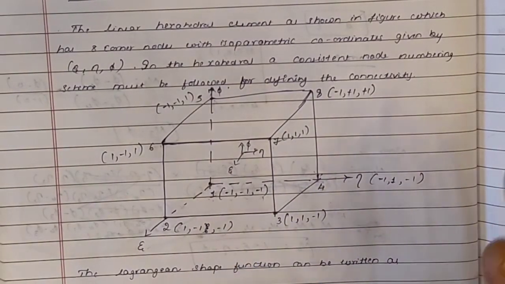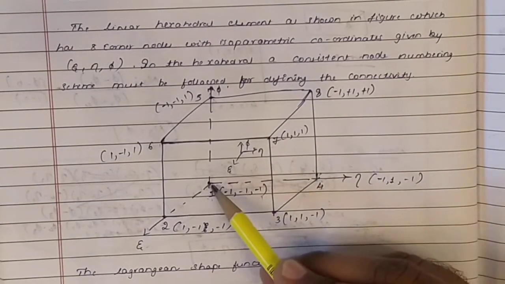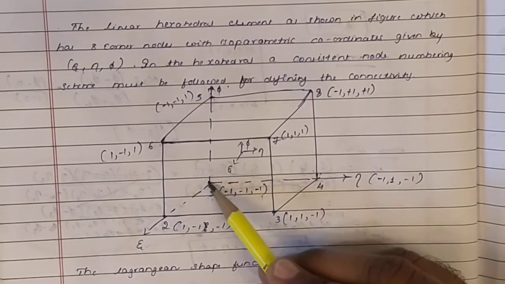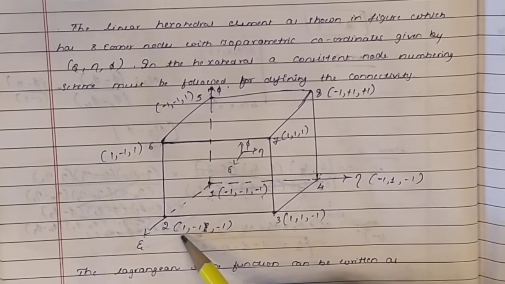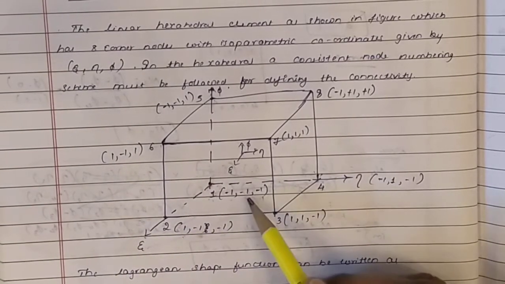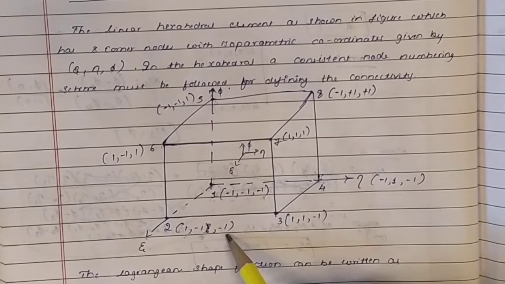Understand? In a simple way, if you are moving along the zeta axis, just make zeta positive and keep the other 2 as negative.